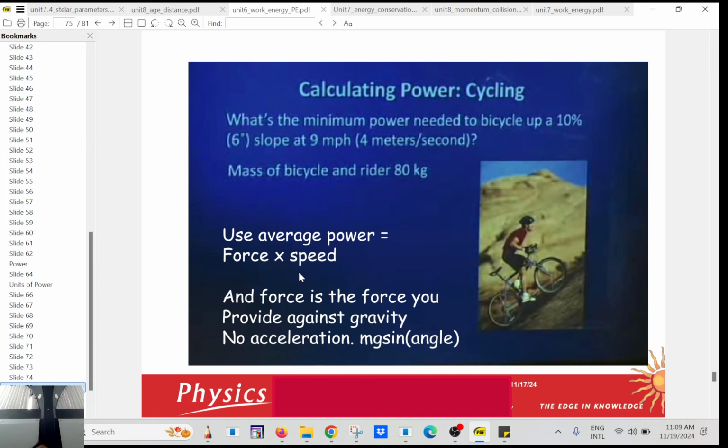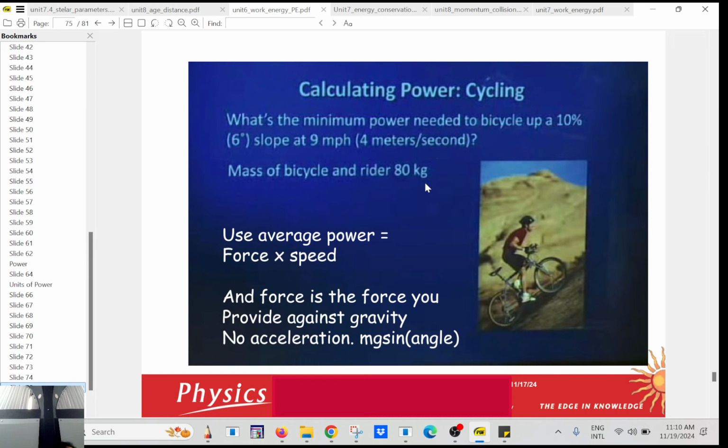It doesn't have to be that, but I can use that. It's interesting for everyday application. You're going up a slope, which cannot happen here. Sadly, there is no slope around, which is very sad. It's a 10% slope, and you want to know what's going to be the power, how much power you need from your muscles.